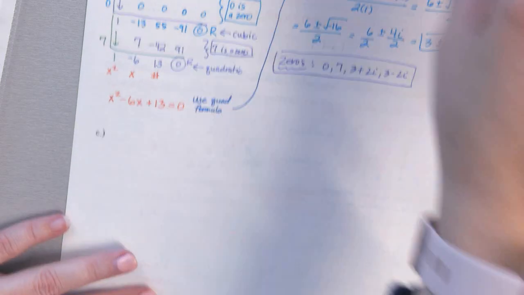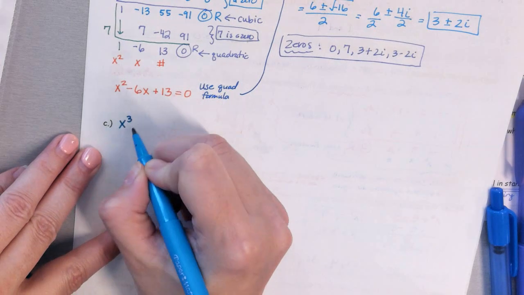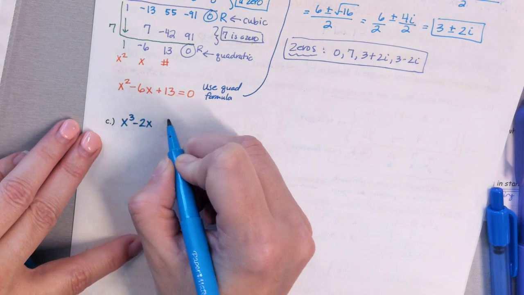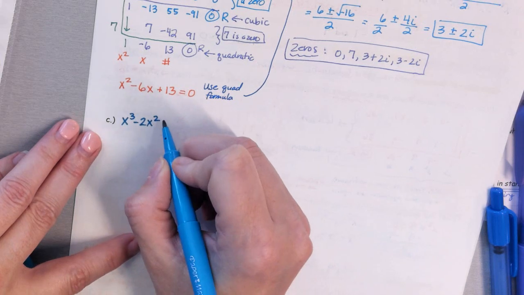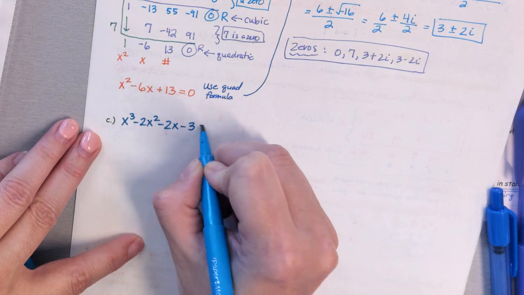All right, I'm going to have you guys try part C. So we have x cubed minus 2x squared minus 2x minus 3 equals 0.